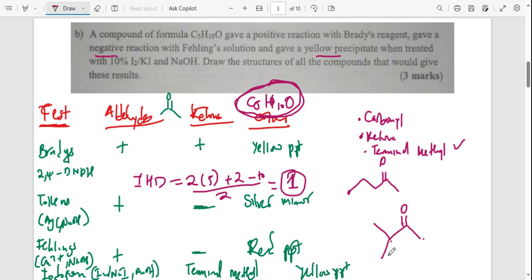Is this okay? Are we good? We can't have a ring because for us to form a ketone, we need a double bond. So the IHD is already used up by the double bond we form with the oxygen. That's why we cannot have a ring.